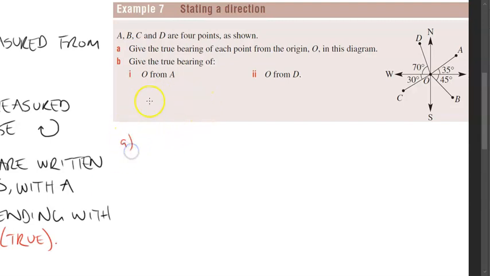We're going to give the true bearings of each point from the origin O, which is here in the middle of this diagram. In other words, from the origin O, this is our starting point, and we're going to get the true bearings of A, B, C, and D.